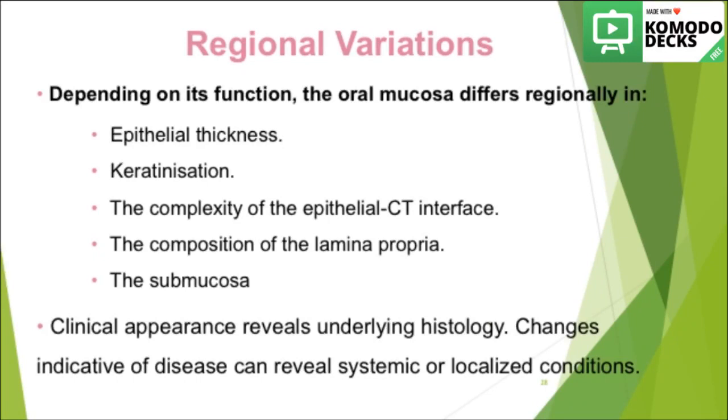The oral mucosa can vary through the epithelial thickness, the keratinization, the complexity of the basal lamina, the complexity of the lamina propria, or its submucosa. The clinical appearance of the mucosa reveals the underlying histology, and any change can reveal either systemic or localized condition.